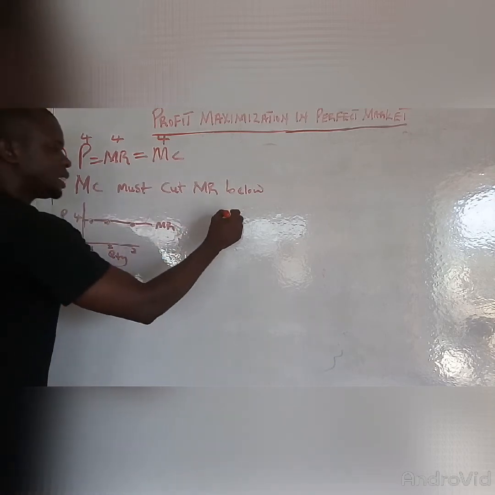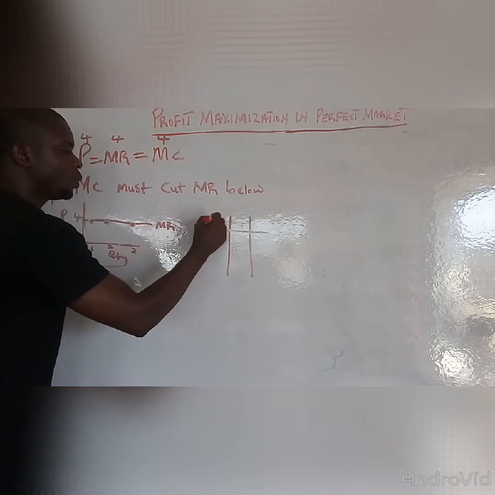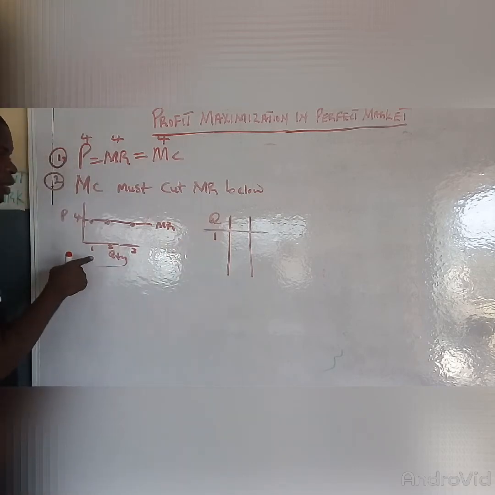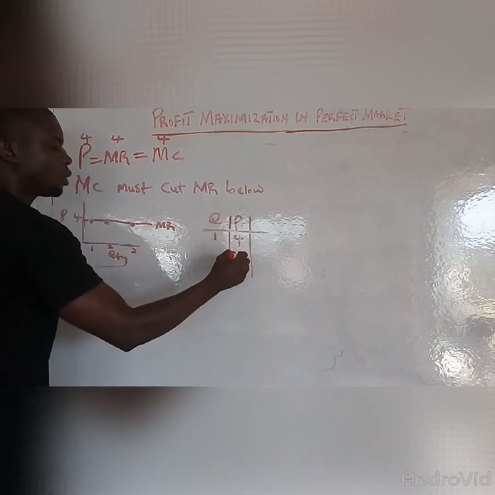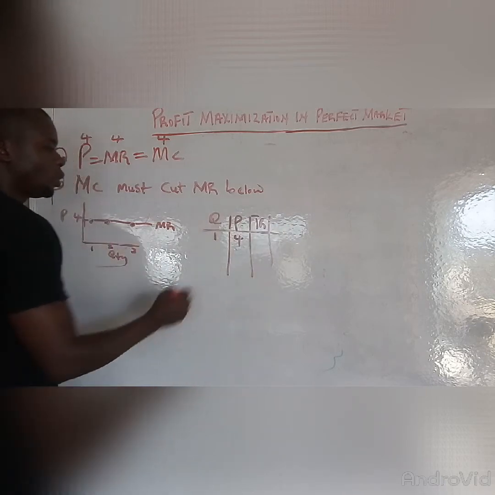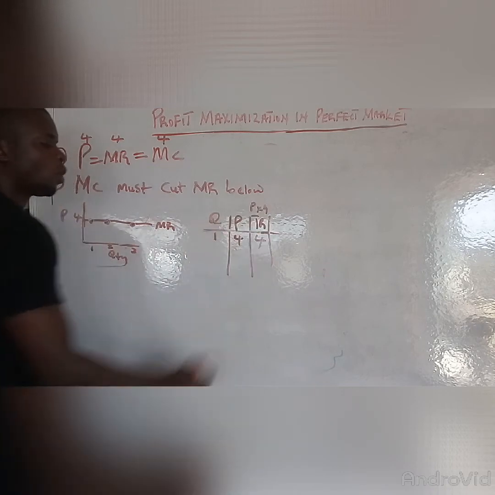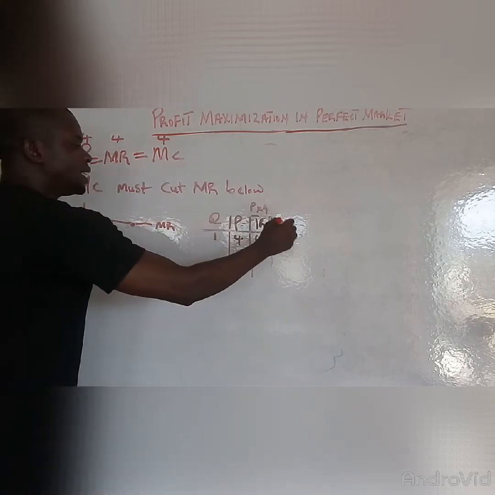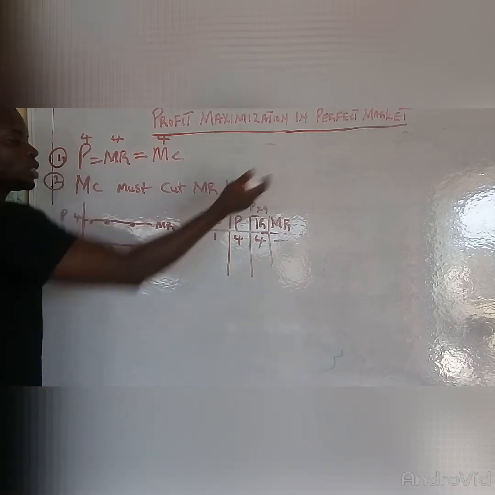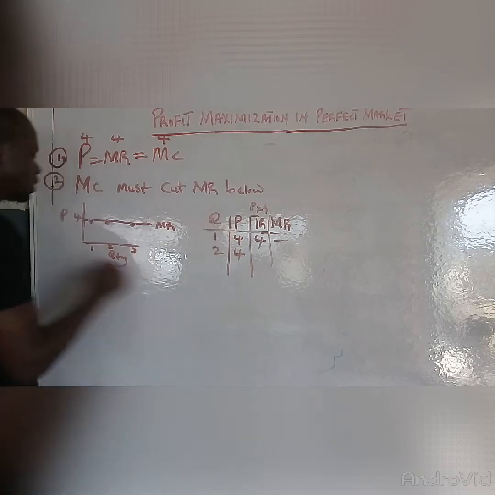If you look at it mathematically, let's look at it now. If our Q is 1 at this point, don't forget that our price is 4. And our total revenue will be P times Q, which is 4 times 1, 4. Then our marginal revenue at the initial stage is going to be nothing, 0, because we don't have previous total revenue. Then at 2 units, our price remains 4.